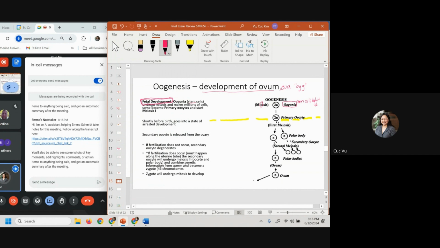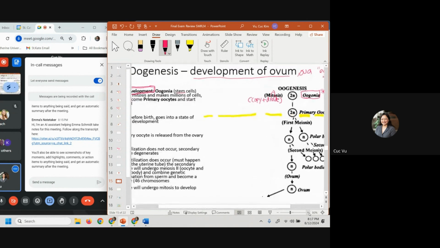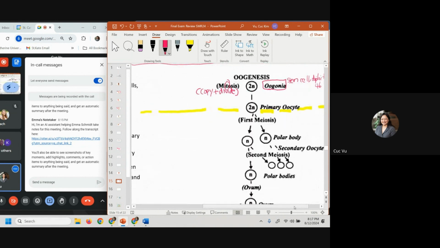So in mitosis, what's going to happen? Someone describe mitosis for me. It's when the cells like double, right? Yeah, exactly. Just like you said, it's going to copy, and then once it's done copying, it's going to divide. So mitosis copies and divides. That means that temporarily, inside the cell, instead of 2N, when it copies, it's going to become what?